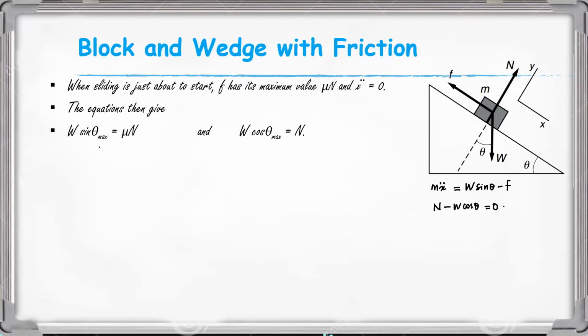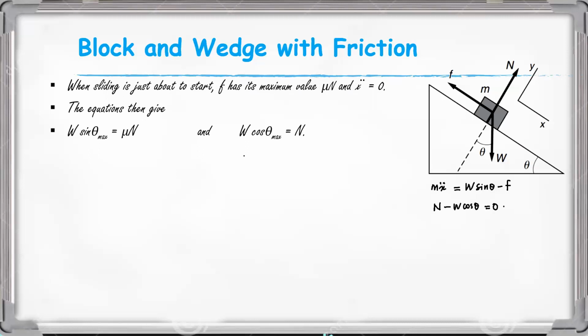Then at that point the F has its maximum value, so at that moment theta is replaced by theta max. Then from the first equation, we write x double dot is equal to 0. W sin theta max is equal to what? F, or that is equal to mu N. And W cos theta max is equal to N.